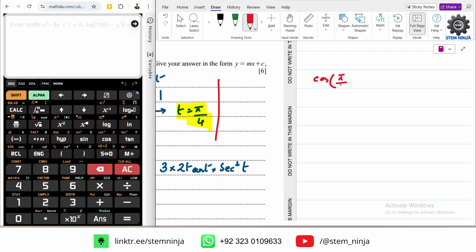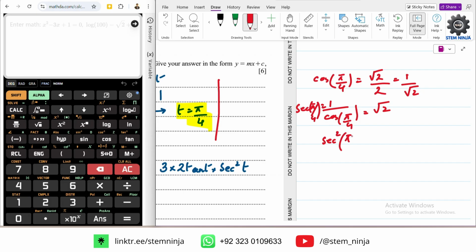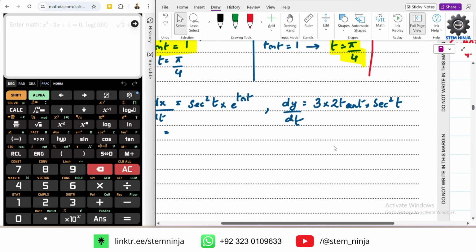So cos of pi by 4 is root 2 over 2, or you can say 1 over root 2. So 1 over cos of pi by 4 would mean that this is just root 2. And so this is your secant pi by 4. So if this is secant squared pi by 4, this is going to be just 2, right? And tan of t is already 1.